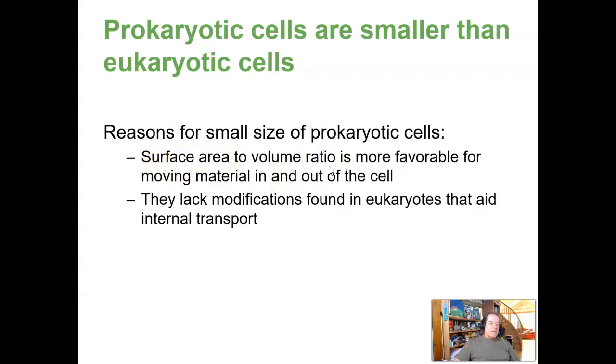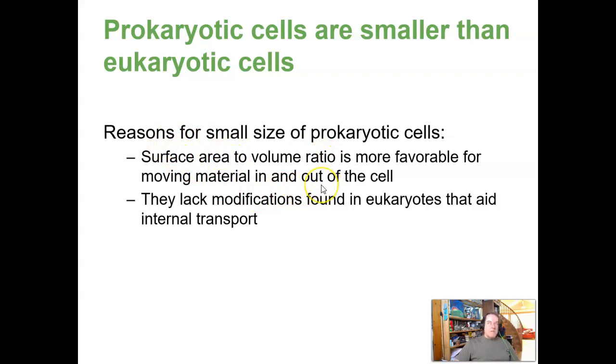So the smaller a cell is, and let's just say spherical cells in all cases, if you do the math with any particular units, you can use millimeters, you can use micrometers, you can use yards, you can use miles, whatever units you want to use, and take a small cell and a large cell, that's a sphere, you'll find that the ratio of surface area to volume is greater when the cell is small, and the volume keeps taking over and becoming a bigger number faster than the surface area as we increase the overall dimensions of the cell.